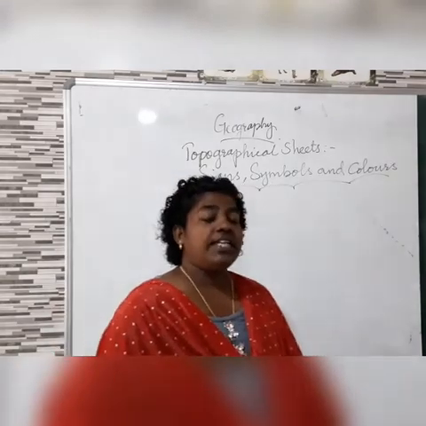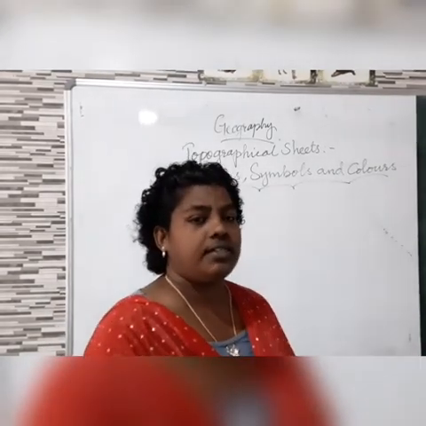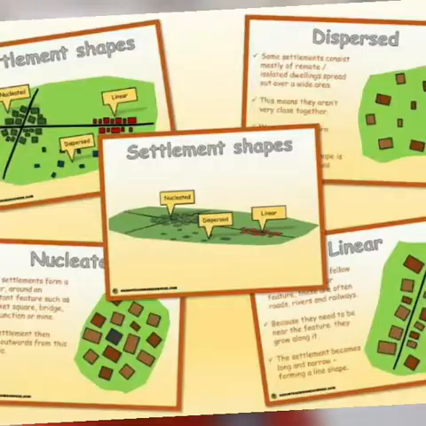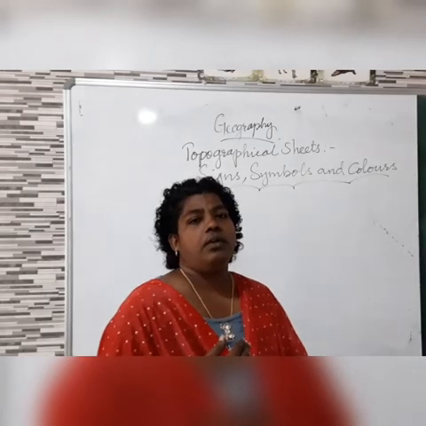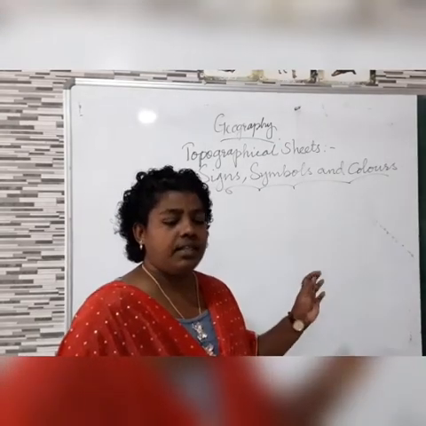Not only settlements, we are also going to see different occupations, transport and communication, and how land use is indicated in the topographical map. That we are going to see in this class.